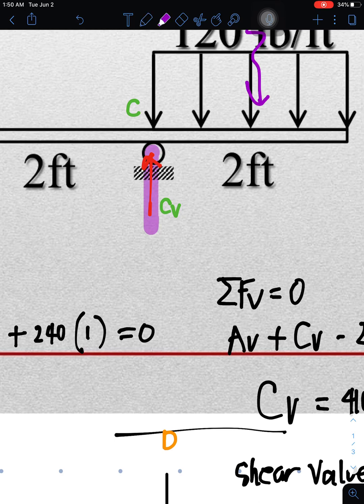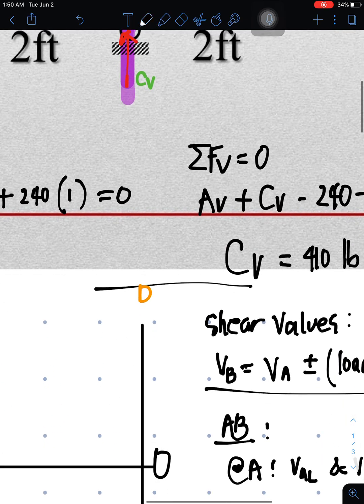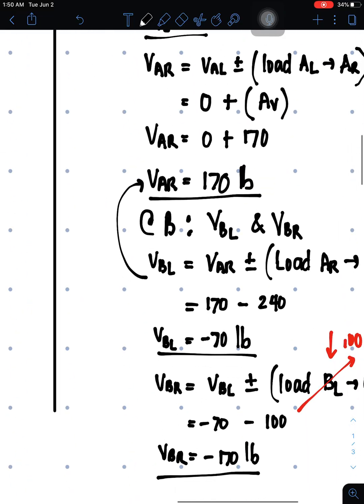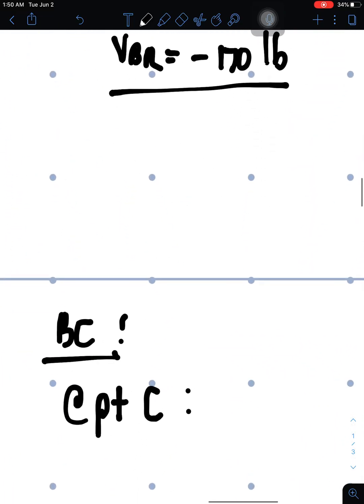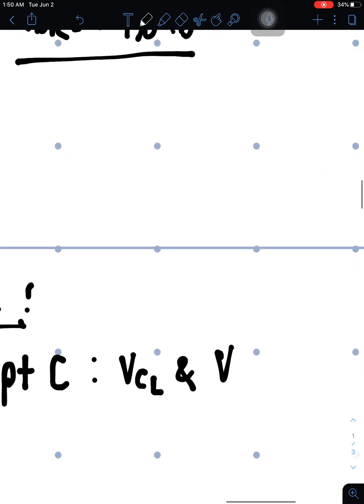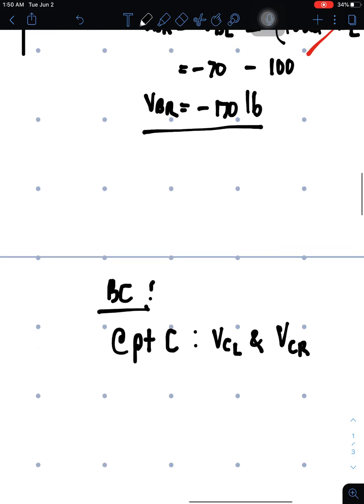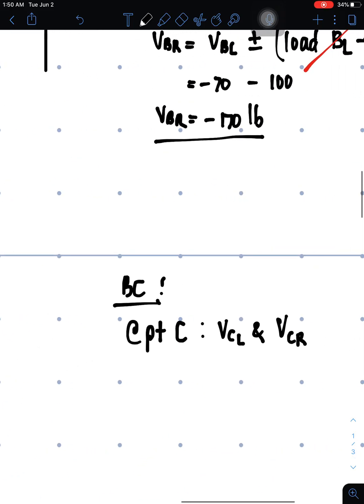Yes, again, there is a concentrated load at point C, meaning there are shear left at C and shear right at C. So there will be two values.